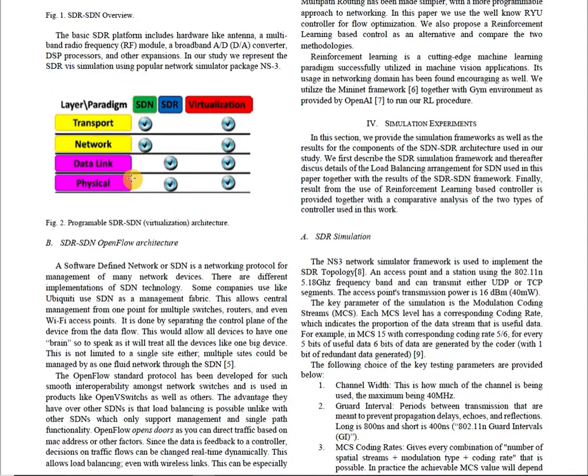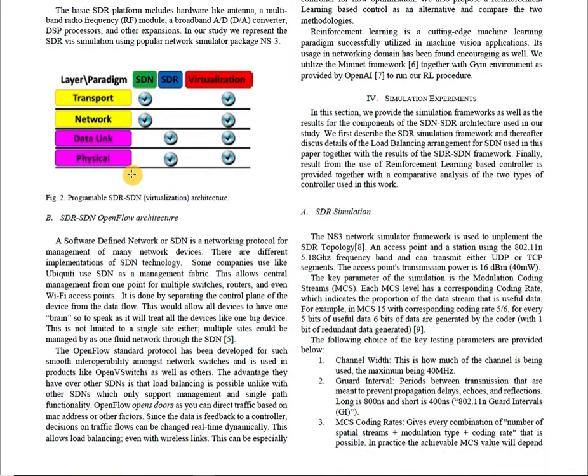In our case, we use the OpenFlow architecture for the SDR-SDN, which is by far the most commonly used open source architecture for this kind of simulation. OpenFlow is a standard protocol which has been used for smooth interoperability between switches, and these switches are known as Open vSwitches.